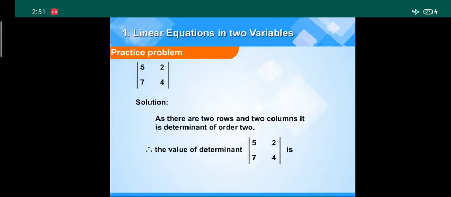Therefore, the value of the determinant is equal to (5 into 4) minus (2 into 7), which is equal to 20 minus 14, which gives the answer 6. Therefore, the value of the determinant is 6.